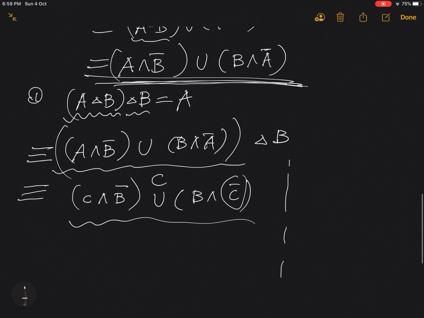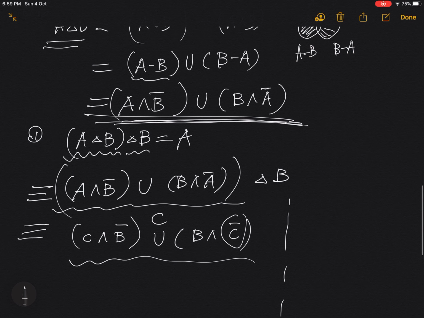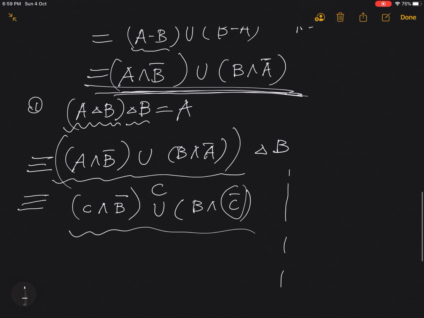The complement of C is A and the complement of B, or B and the complement of A, and then the complement.